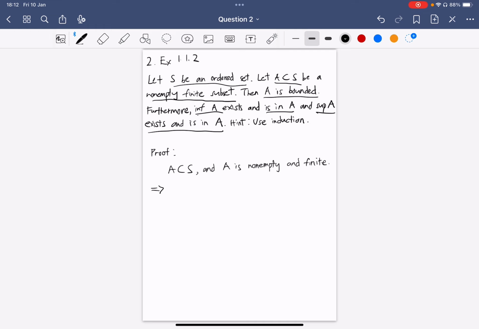That means that because A is non-empty, the cardinality of A is not 0 because there are elements in A, and the cardinality of A is less than the cardinality of N, the set of natural numbers, because it is finite, right? And the set of natural numbers N is not finite, right?